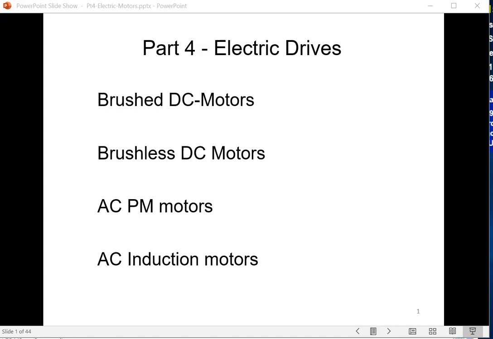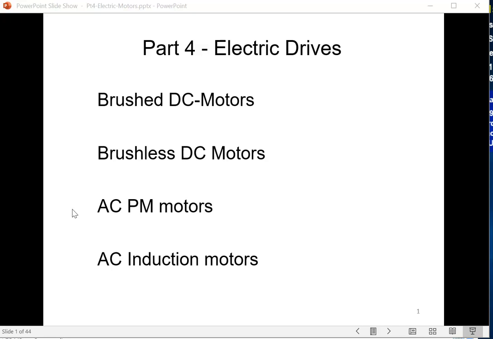So in this lecture, or under this module, I'm going to explain the general principles of all four different types of motors listed on this slide, but I'm going to focus a bit more on the first one, the brushed DC motors, and also the last one, AC induction motors. The other two are very similar, but I'm just going to explain the principle fairly briefly.